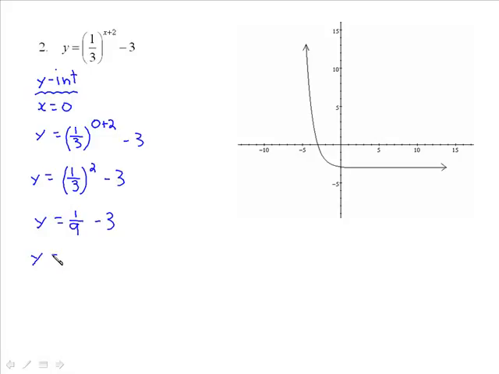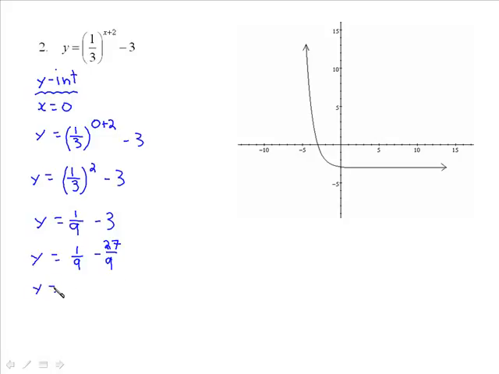Now you could do this one very quickly. You could get a common denominator, or you could just reason your way through. I'm going to get a common denominator just for old time's sake, of 9. That is 1/9 minus 27 over 9.